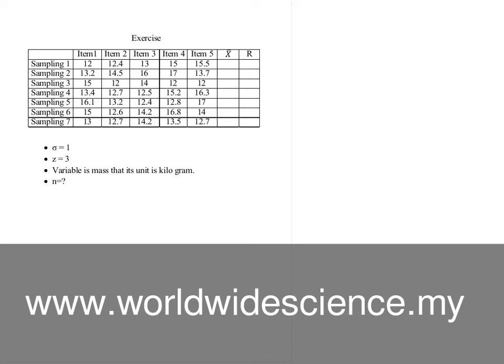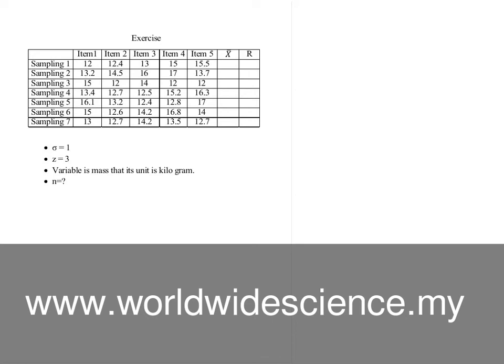Please check together. For sampling 1, X bar is 13.58. For sampling 2, X bar is 14.88. For sampling 3, X bar is 13, sampling 4, 14.02, sampling 5, 14.3, sampling 6, 14.52, and sampling 7, 13.22.